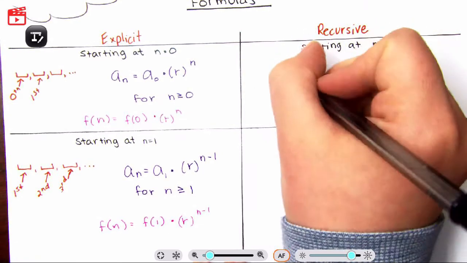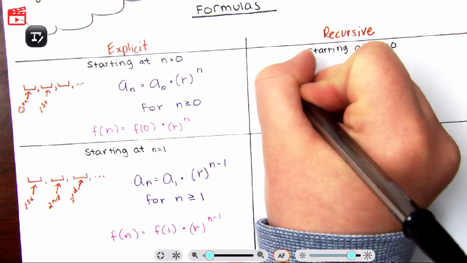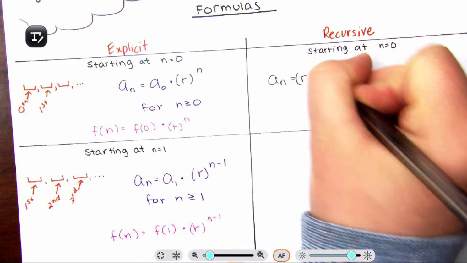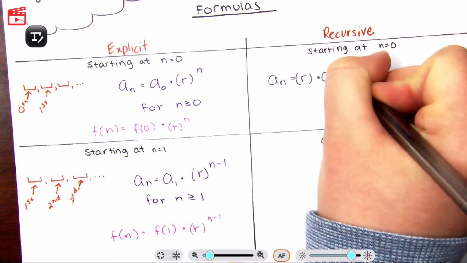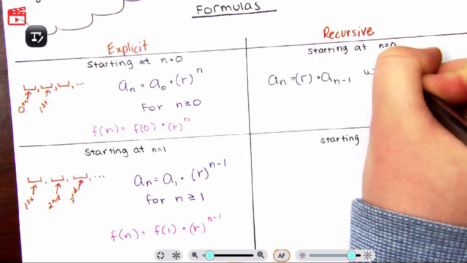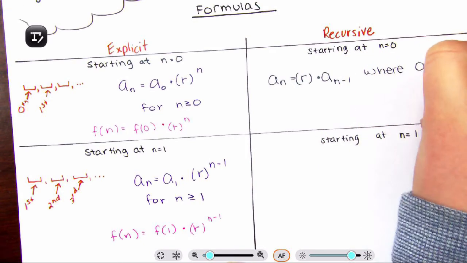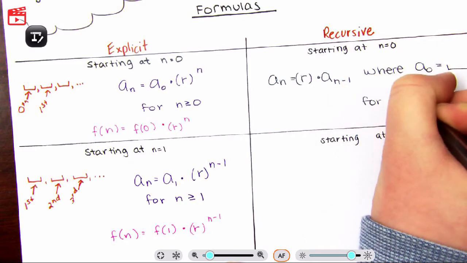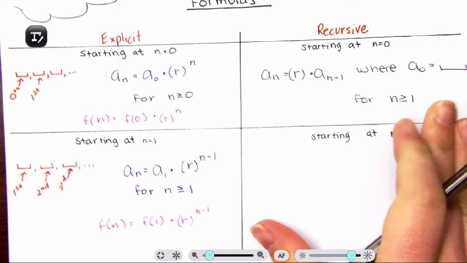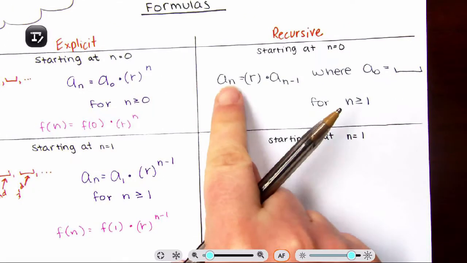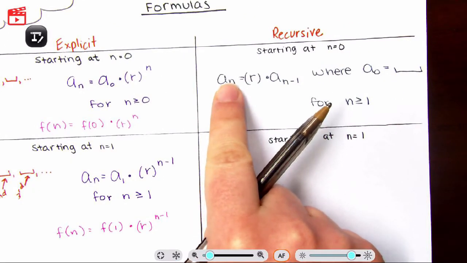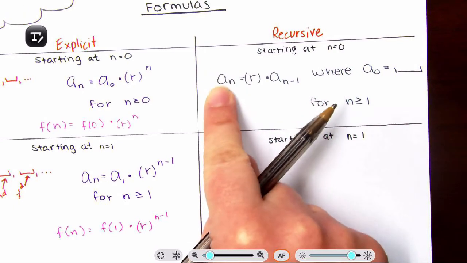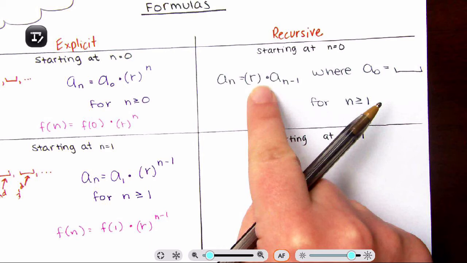For starting at 0, I have a sub n is equal to r times a sub n minus 1, where a sub naught or a0 is something, for n greater or equal to 1. Let me explain this. This term, let's say a sub 24. So we want the term in the 24th position. This is our common ratio.